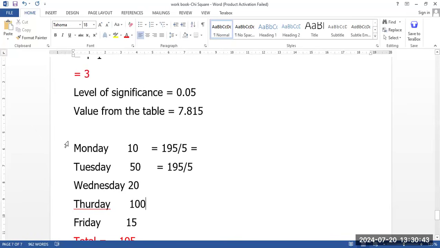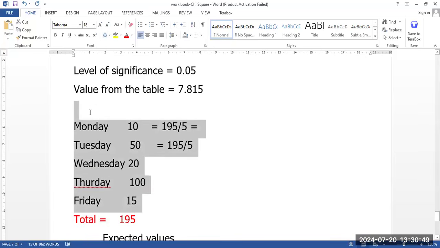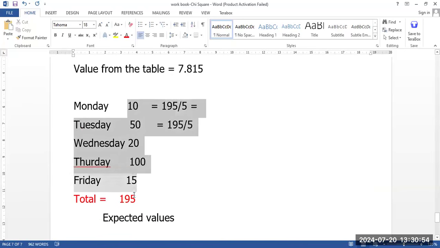I saw one of the questions somewhere. So that's how you will handle it if you're given days. This will be your observed value, and the answer you get here, 195 divided by 5, will remain constant.